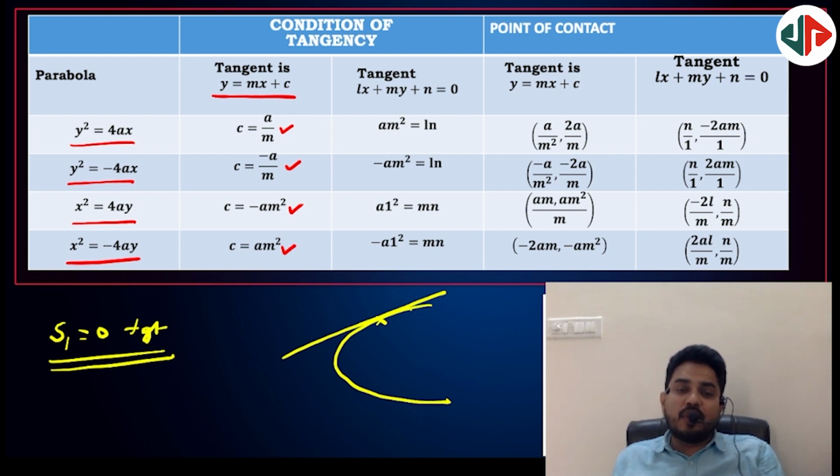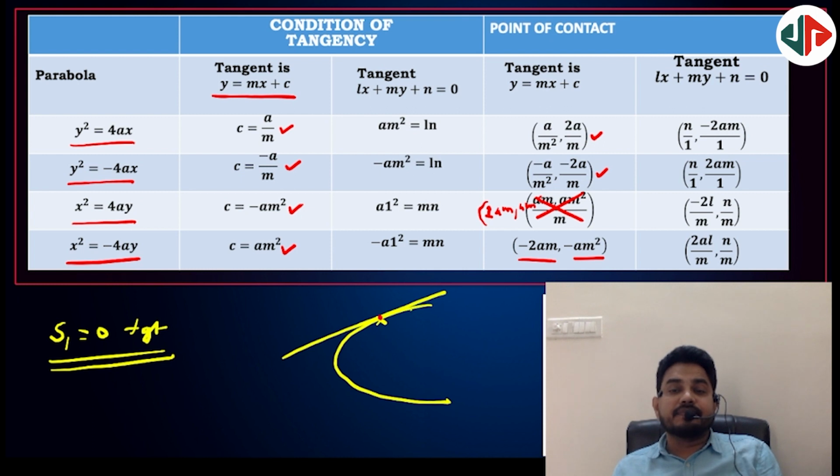And what is the point of contact? a by m square comma 2a by m; minus a by m square comma minus 2a by m; and minus 2am comma minus am square. So here, this point is 2am comma am square.